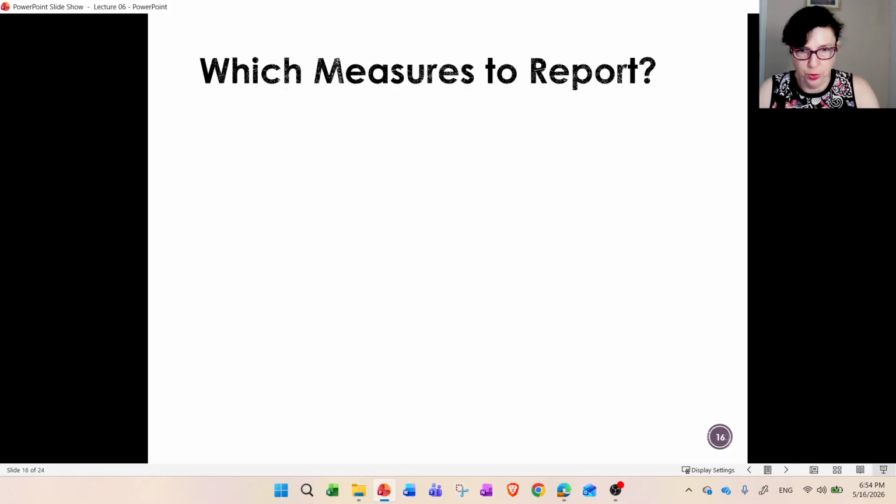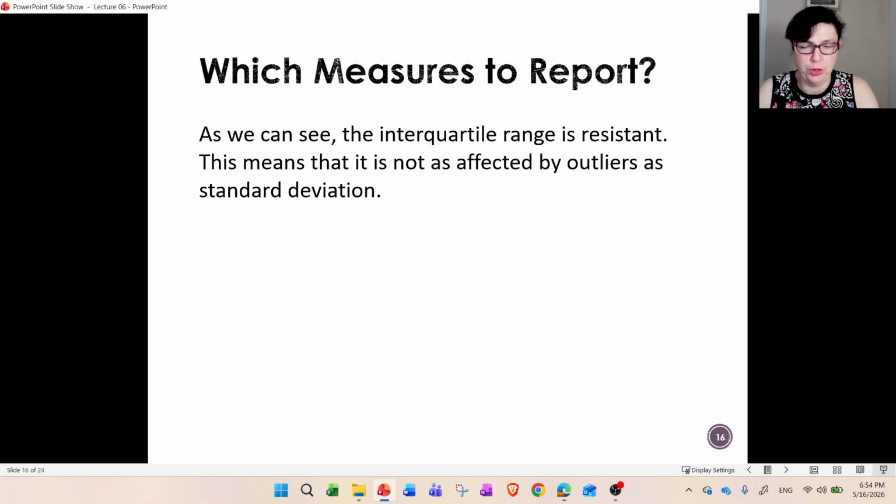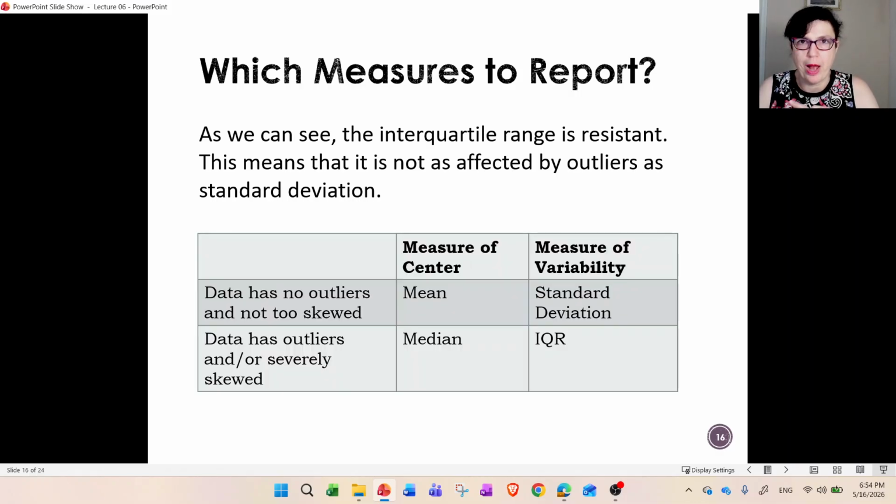So, to conclude this, which measures do we want to report? This is something that you absolutely will need on your note card for the test. If your data has no outliers, then for the measure of center, you want to use the mean, and for the measure of spread or variability, you're going to use the standard deviation.